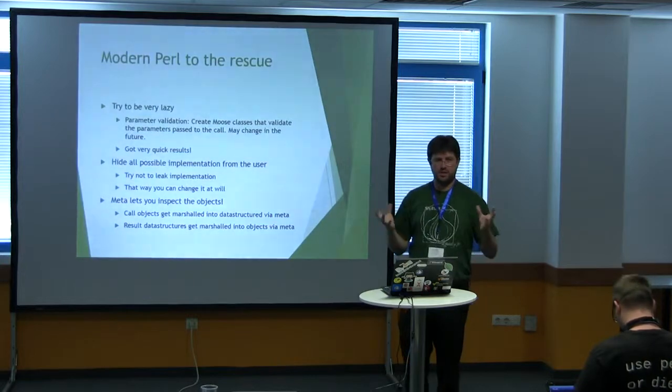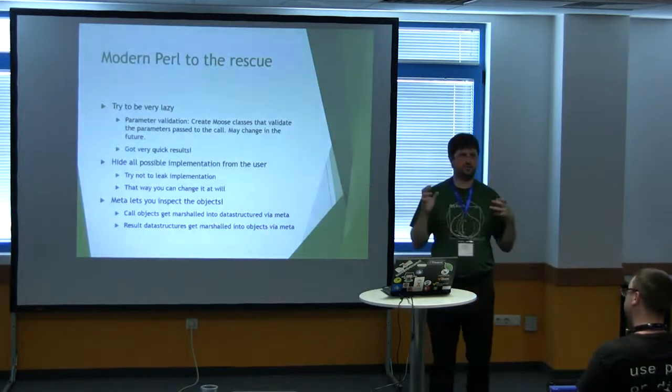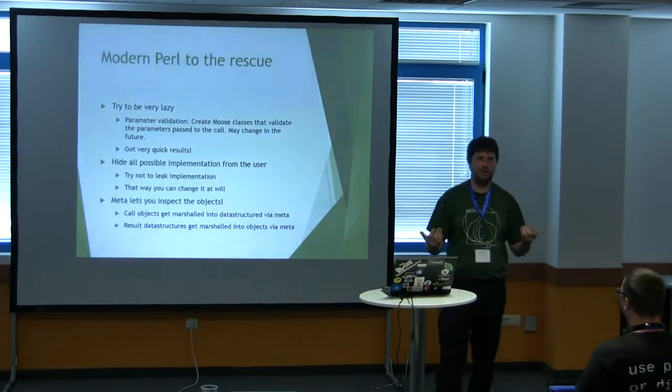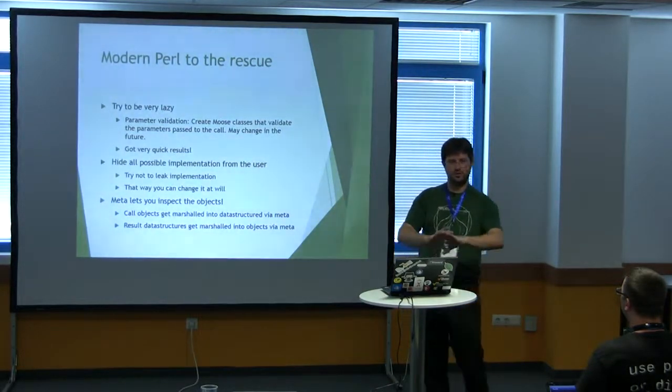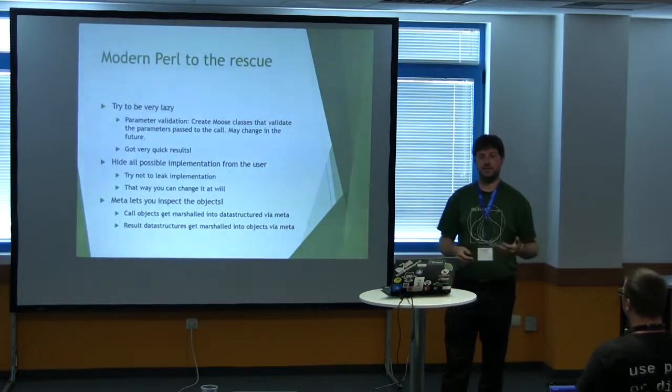But you really don't want the user to know that we're constructing a Moose object underneath to validate parameters, so we can change the implementation. So trying not to leak any implementation, for the user, that would be you guys, the programmers, they have the same interface all the way.